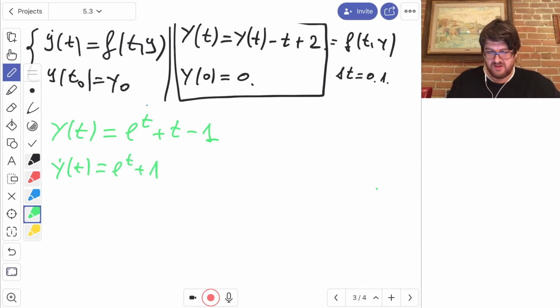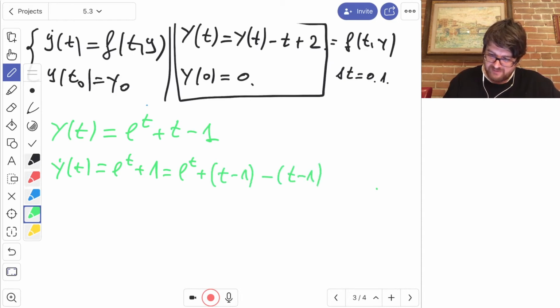Well, it doesn't really look like what I needed before. So let's do some tricks. Let's add and subtract the t minus 1. This is a trick you know from your high school math. So I add the t minus 1 and I subtract the t minus 1 plus 1.